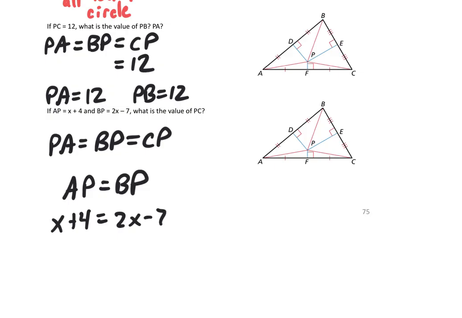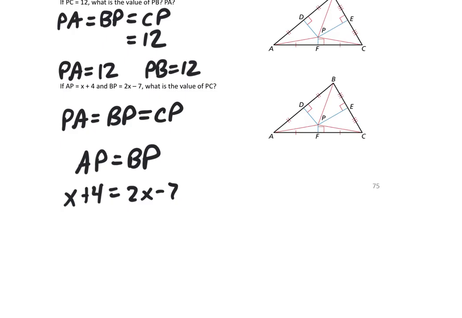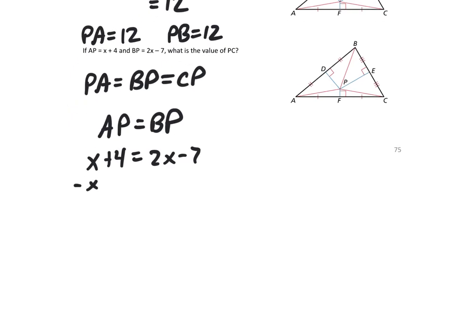So we're going to set those two pieces equal because we know they're the same length. And then we're going to solve for x, okay? How many times have we solved an equation like this for x? Many, many times, right? We should hopefully be able to do that. We subtract x, we add 7, and we get x equals 11.